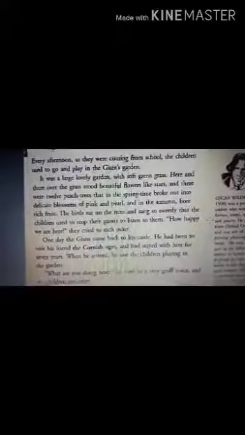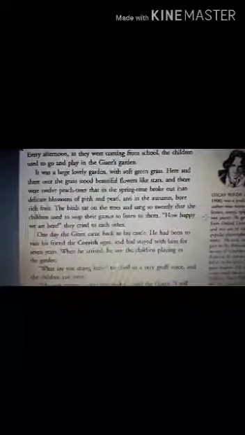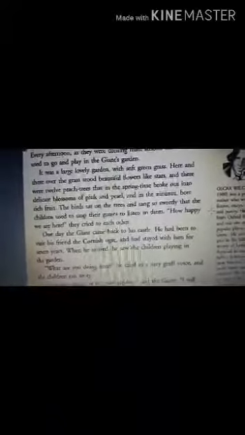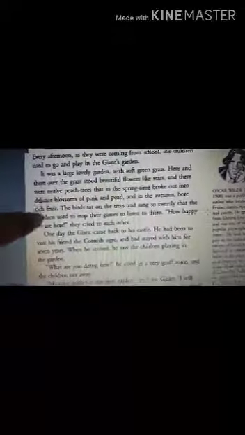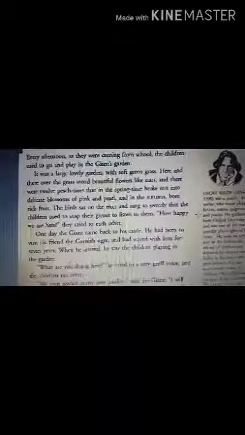The explanation is that every afternoon as they were coming from school, "they" refers to the children who used to go and play in the Giant's garden. In the second paragraph you can see that his garden has been explained: it was a very large, lovely garden with soft green grass.